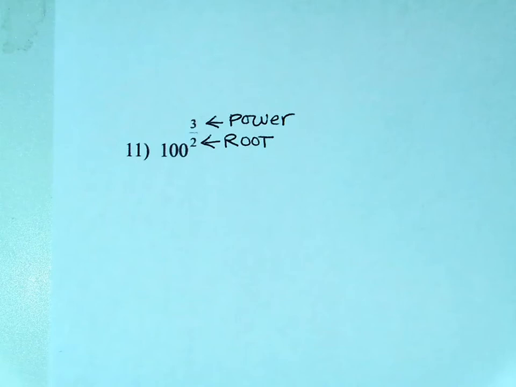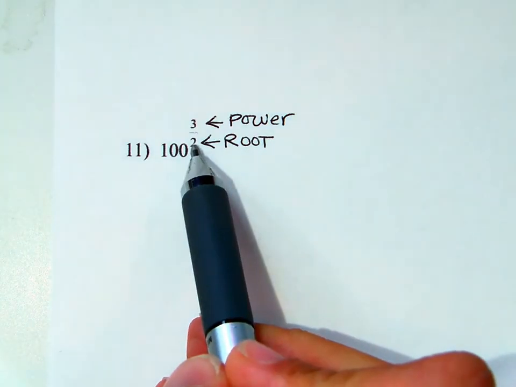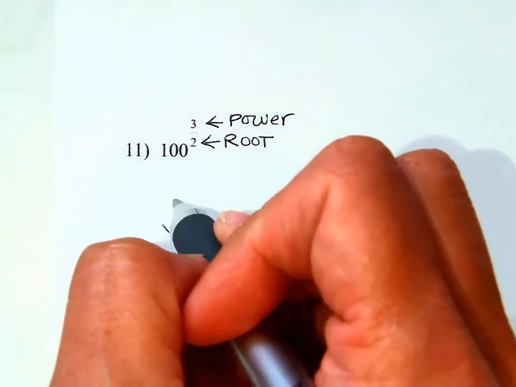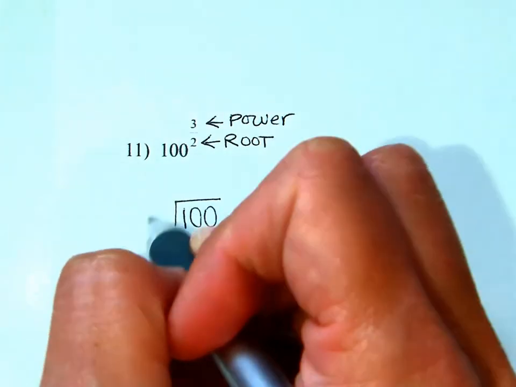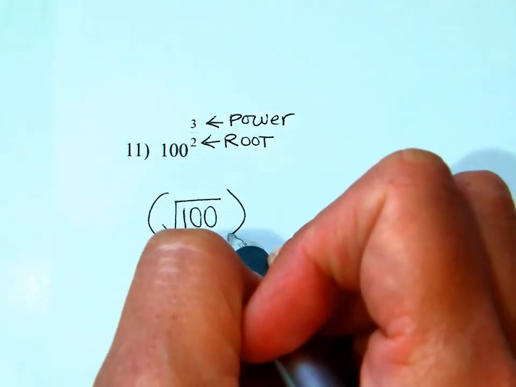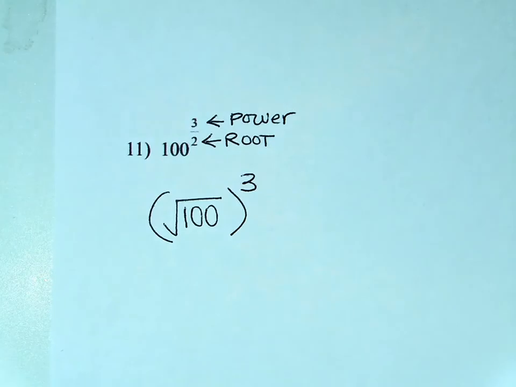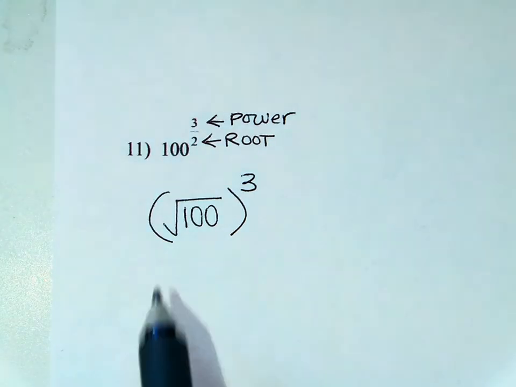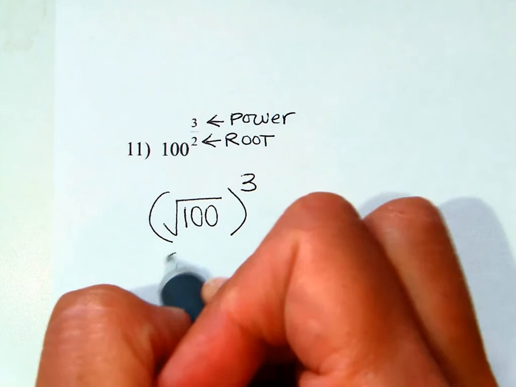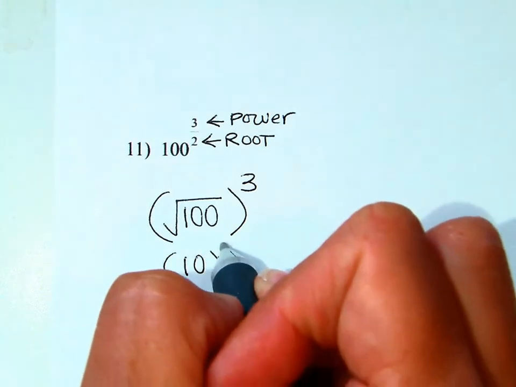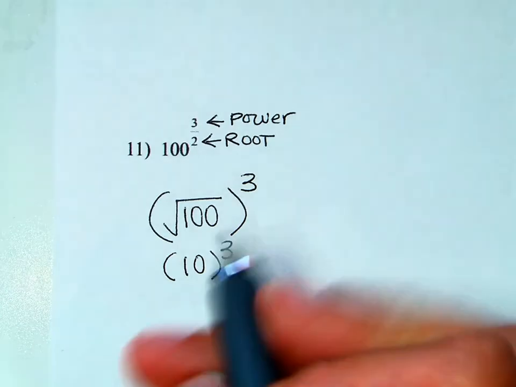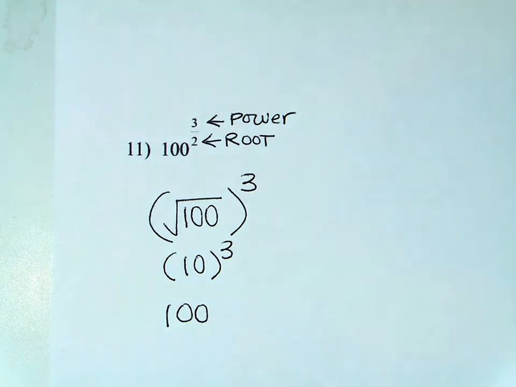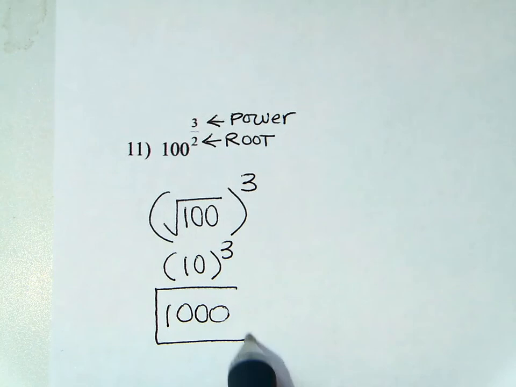So the way I would set this up, I would take the square root of 100 first, and then after I figure out what the square root of 100 is, I would raise that answer to the third power. The square root of 100 is 10, and then 10 raised to the third power is 1,000. And so that's my final answer.